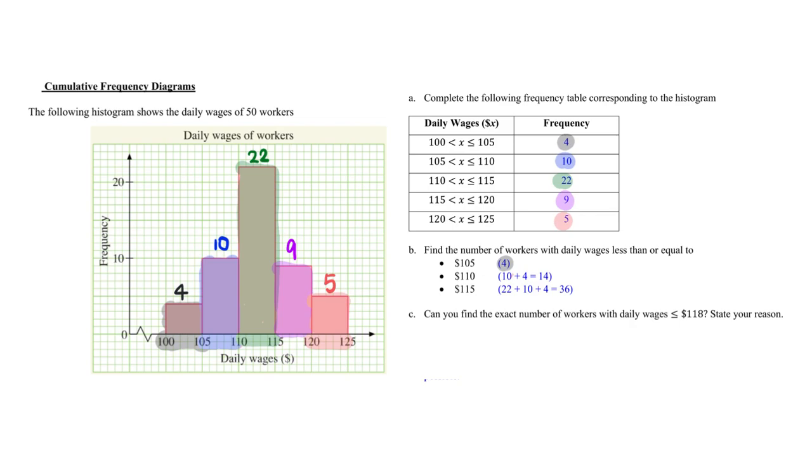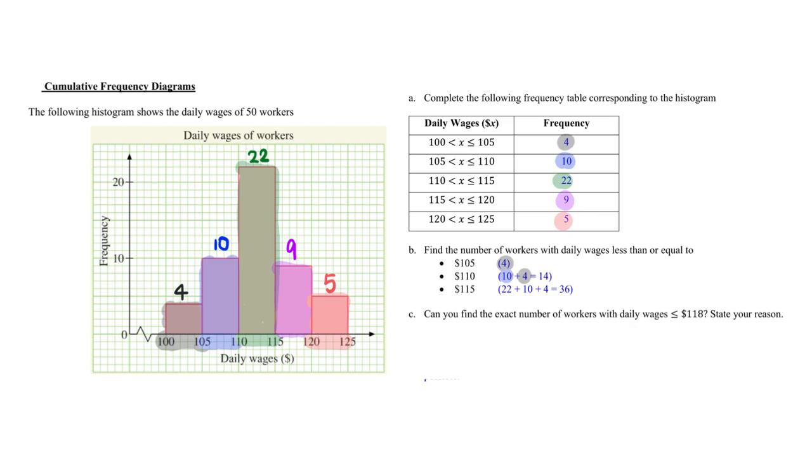But if they want us to find all the workers whose daily wage is less than or equal to 110, then I would have to consider both 4 and 10. Because there are 4 workers who have a daily wage between 100 and 105, and this is less than $110.